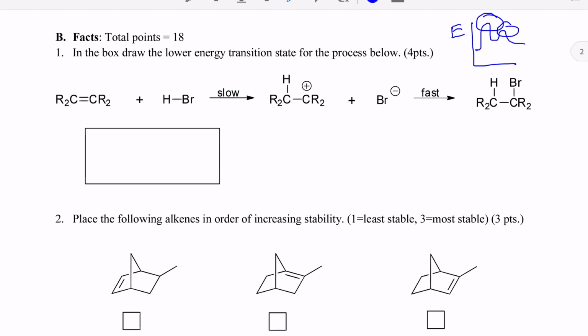So let me just write that down. Highest activation energy, and this is often denoted by E sub A.